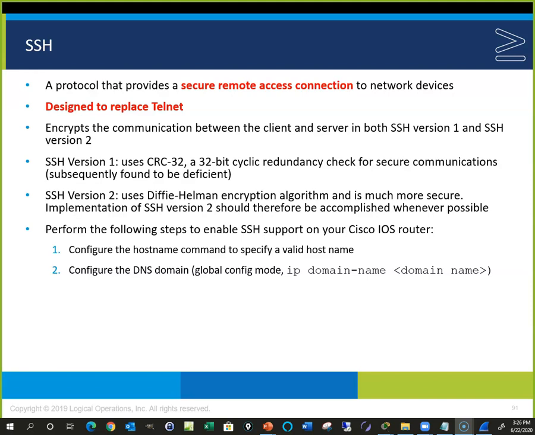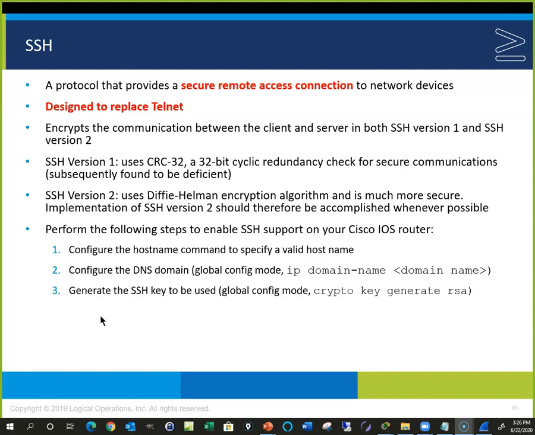So you have to have a host name and a DNS domain name. IP domain name, it doesn't really matter what it is. If it is your actual domain for your company, that's good. If it's not, that's okay, because we're probably not going to be resolving in DNS. If we're resolving in DNS, it needs to be the correct one.